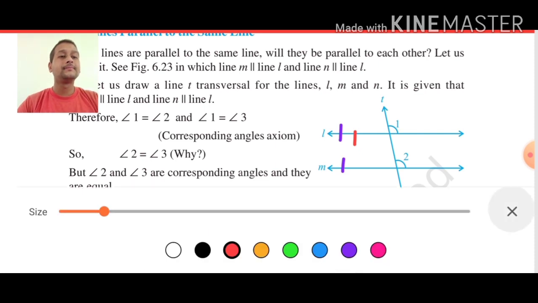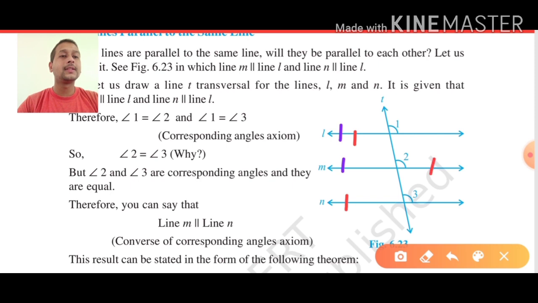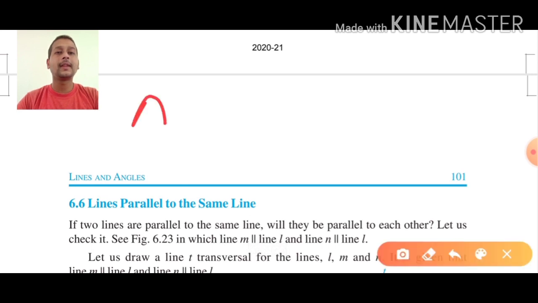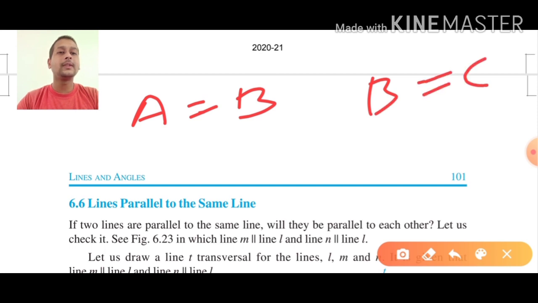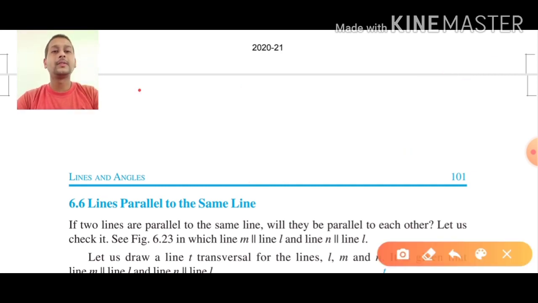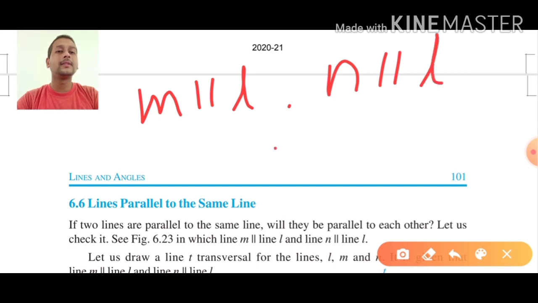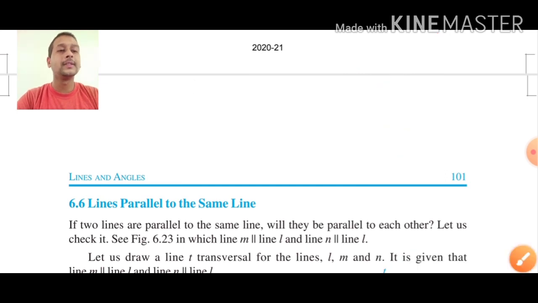That means we can show that this line is also parallel to this line, that line M is also parallel to line N. Like A is equal to B and B is equal to C, we know A is also equal to C. Same way, M is parallel to L, N is also parallel to L, then M is also parallel to N. This is what the theorem says.